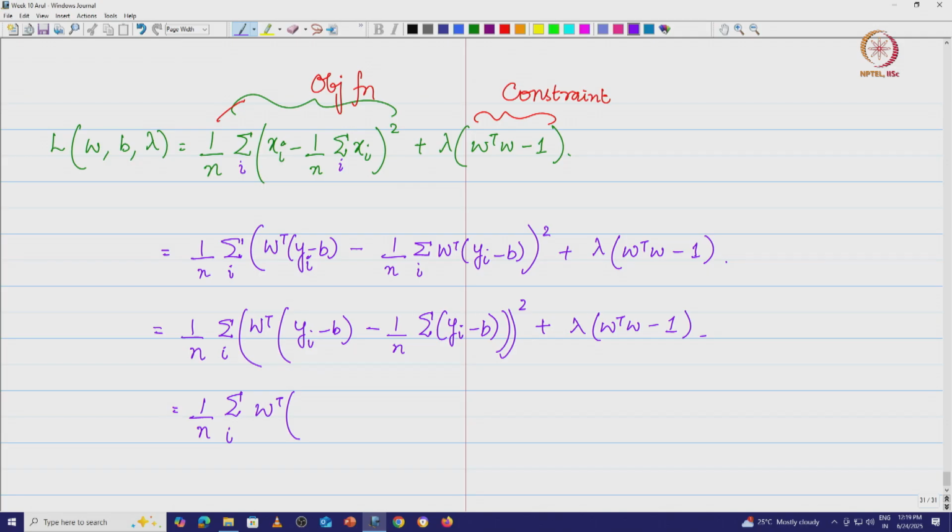I am going to write this as w transpose into yi minus y bar, the whole square, right. Actually, if you see, this is over i. So, I have this, which is nothing but yi minus y bar, the whole square, plus lambda into w transpose w minus 1.